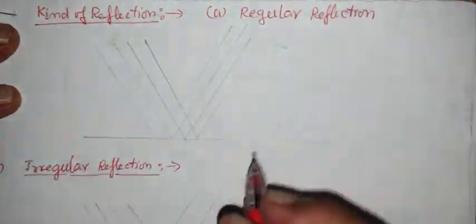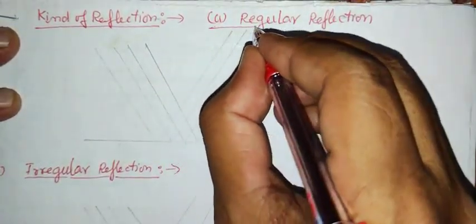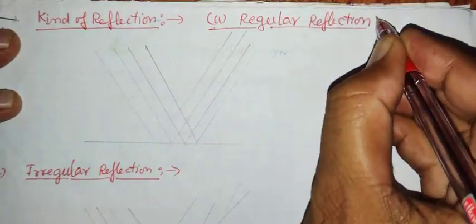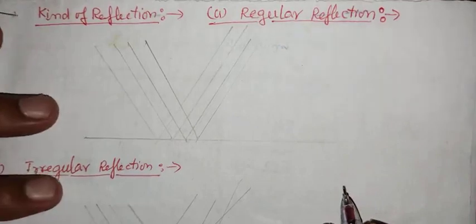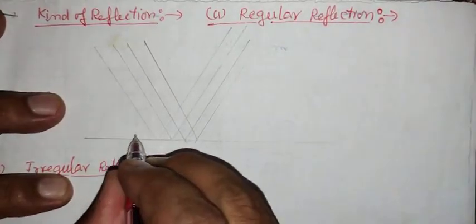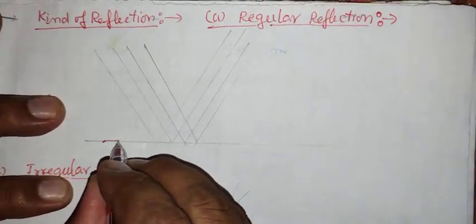Now, kinds of reflection. Normally there are two kinds of reflection. The first is called regular reflection. We will see regular reflection by this diagram.